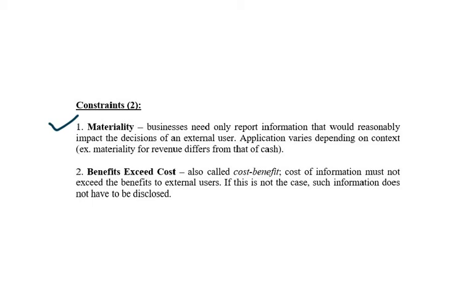Is it a good investment, bad investment, or whatever the case may be? If you can take that out and people would say it doesn't make any difference, it means it's probably immaterial, therefore you don't need to report it. So that's all materiality is telling us.